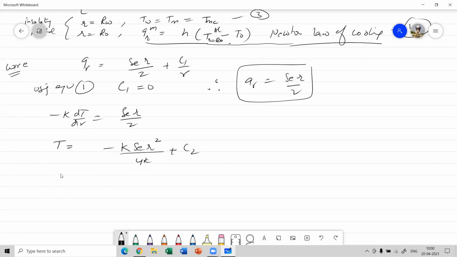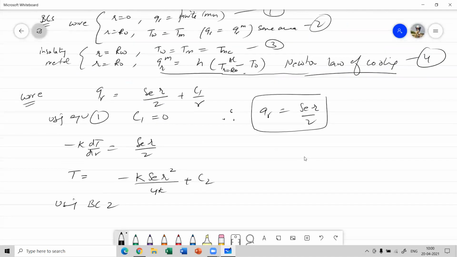Now using boundary condition 2, which says at R equal to Rw, the temperature of the wire is the same as that of the metal, which is equal to some intermediate temperature Tmc.